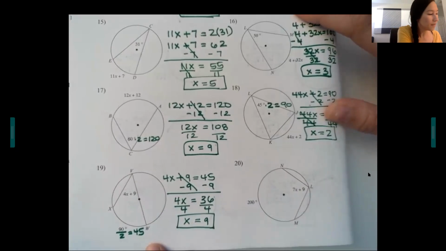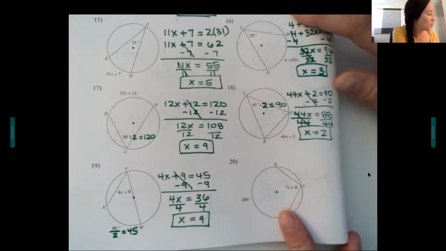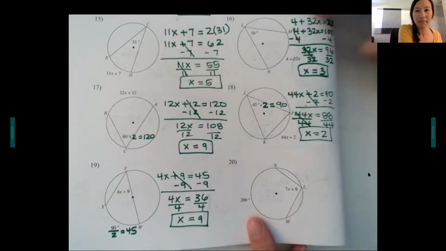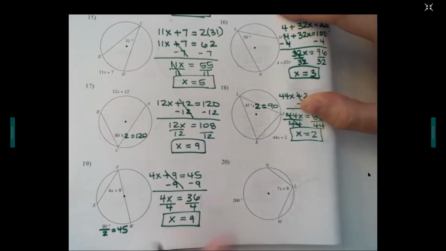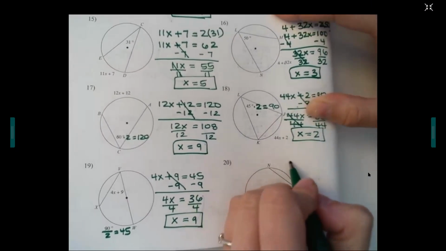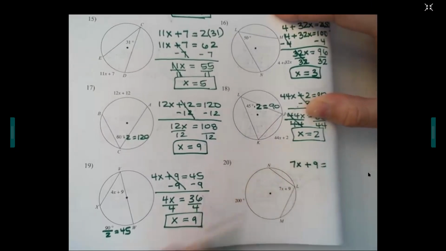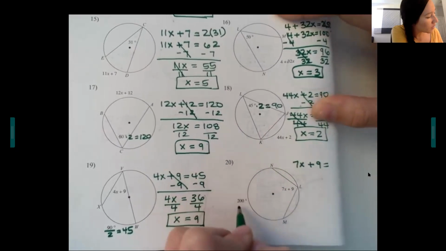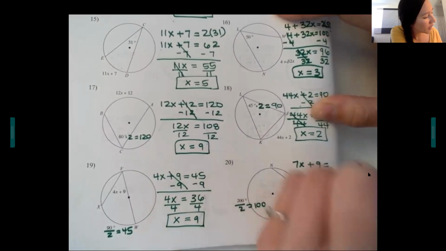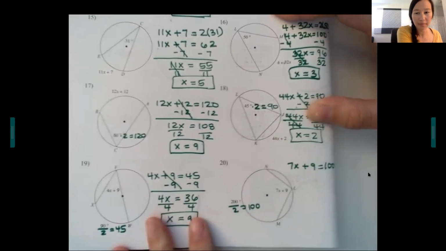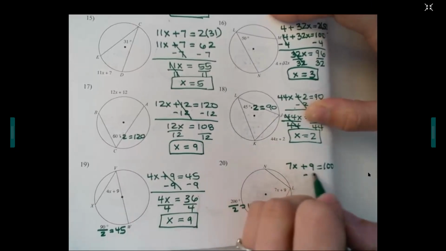Thank you, Jose. And Elijah, number 20. I got 7x plus 9 equals 100. Very good. So you divided 200 by 2 to get 100. Excellent. And then subtracted 9 from both sides.